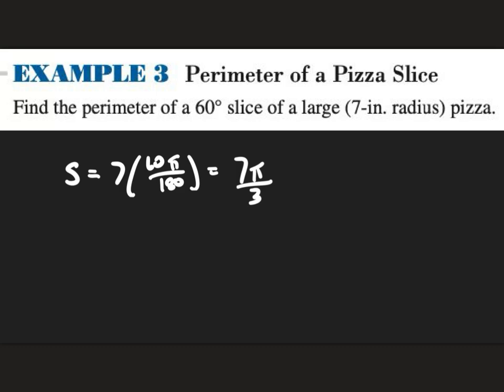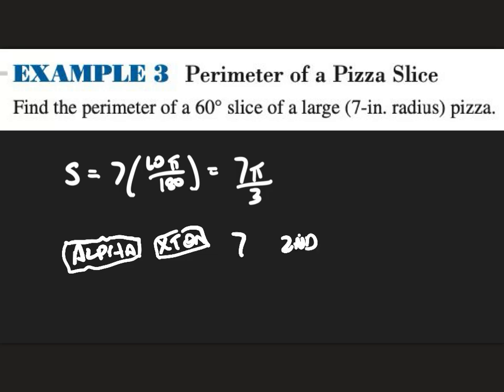If you're doing some kind of computer program or your teacher wants decimals rounded, what you're going to do is hit alpha on your TI-84 or your calculator app on your phone. You put 7, and to do pi is second and caret.